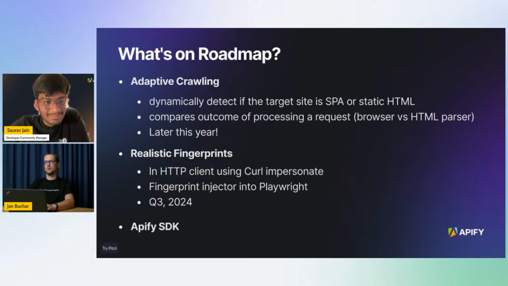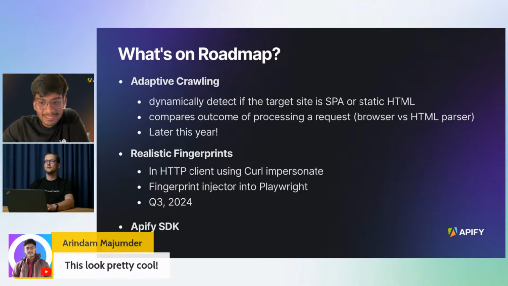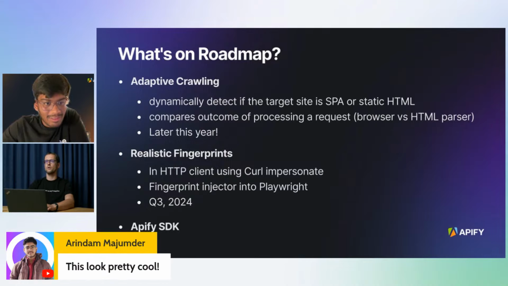Yes. So one of the most exciting things that you may already know from Crawlee for JavaScript, where it's an experimental feature, but still, is adaptive crawling. It detects on the fly whether the site you are scraping is an SPA or just a plain old static HTML site, and it uses the correct mechanism to scrape it out of the box.